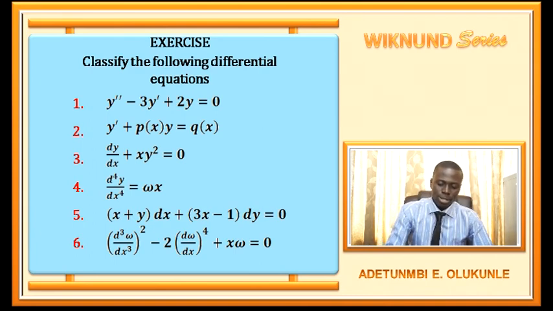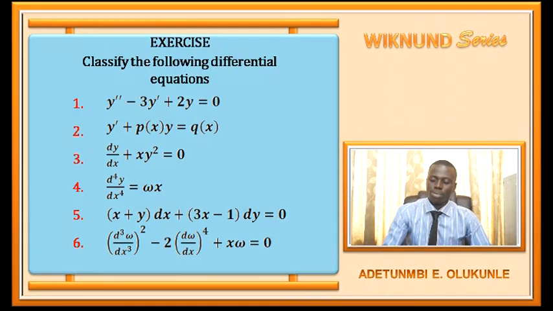And 6. The d3omega/dx cubed all squared minus 2 d omega/dx to the power 4 plus x omega equals 0.